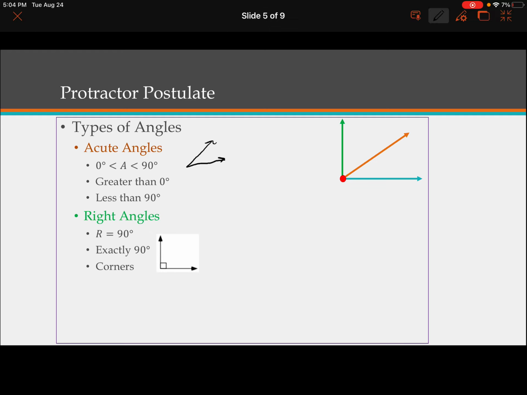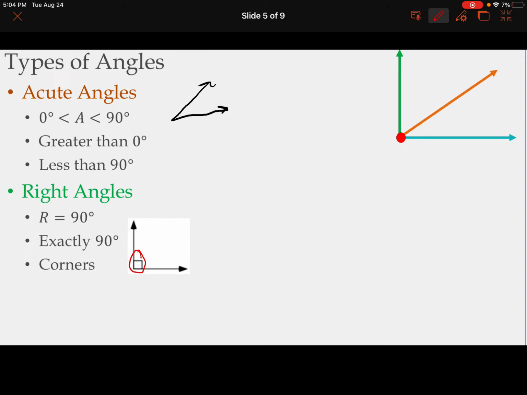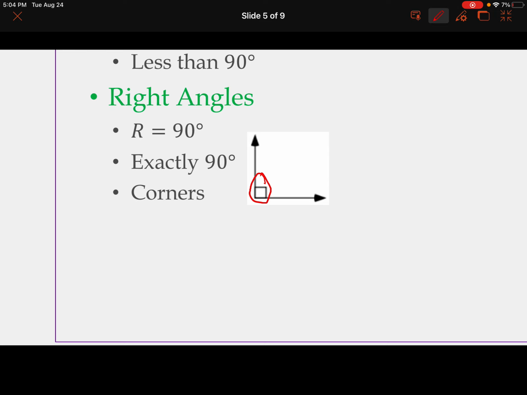I want to draw your attention to this little square thing right here. Okay, there are a lot of times in geometry, we've talked about this before, where the math doesn't necessarily match the picture. Okay, there are some problems that will give you a picture of an angle that kind of looks like it might be a right angle.